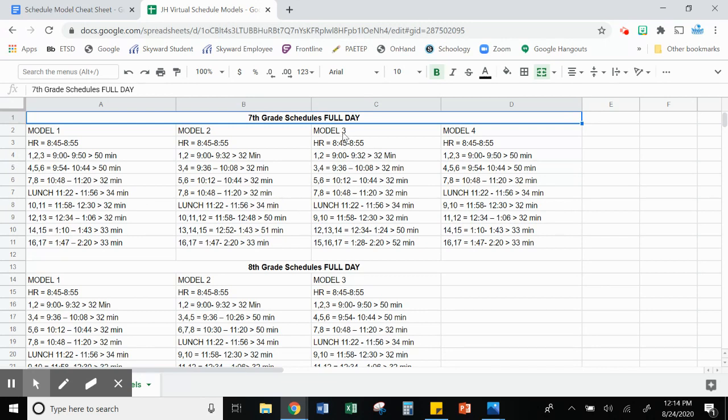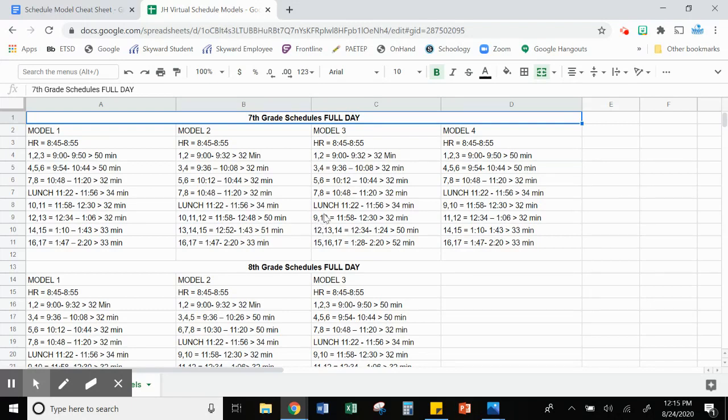Now, on the Model 3 schedule, you would see the same sequencing, 1 through 8. However, there's a lunch that's built in, period 9, 10, and then it goes from 10 to 12. That's because for this model, period 11 is actually going to be the lunch. But because we're going into a virtual environment with a very different schedule than what we would have during a regular school day, that period 11 is omitted.